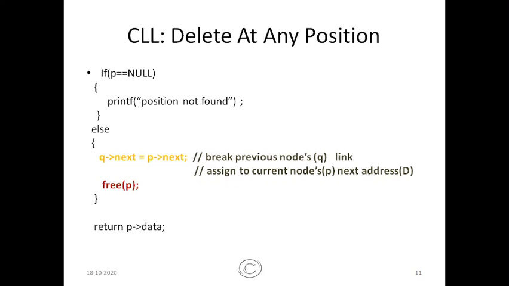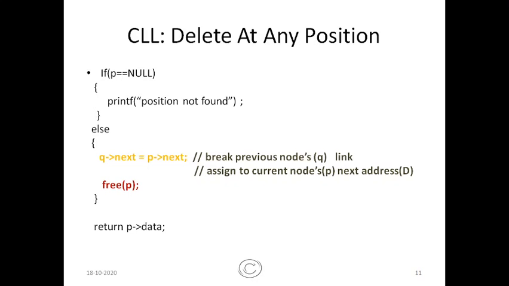So here k is equal to 4. If you have to delete the last node D, then you have to pass the total number of nodes in the list, that is k is equal to 4. So that will simply remove the last node. Or at any position you have to check the index of the node in the circular list. Here in this example we have deleted the C node, that is the third node of the circular list.